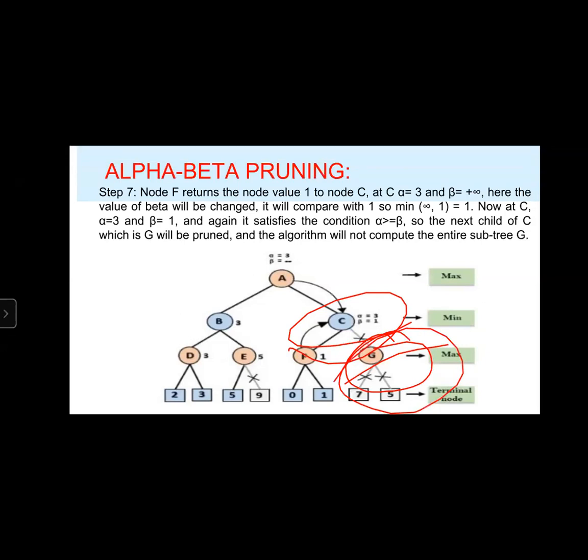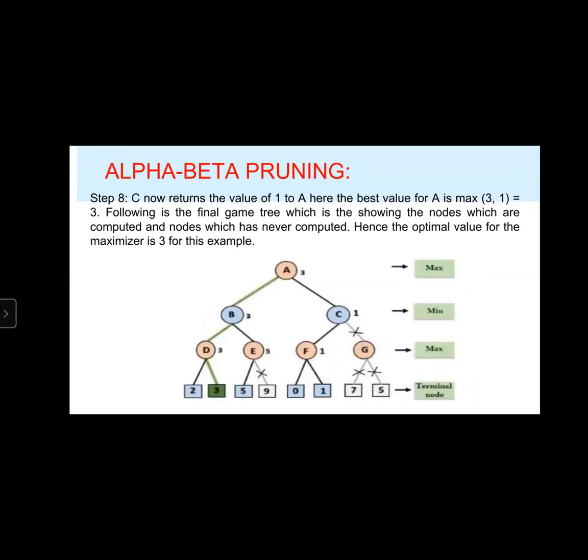See the diagram. And next step: C now returns the value of 1 to A. Here the best value for A is max of 3 comma 1, which equals 3. The following is the final game tree, showing the nodes which are computed and the nodes which are never computed.